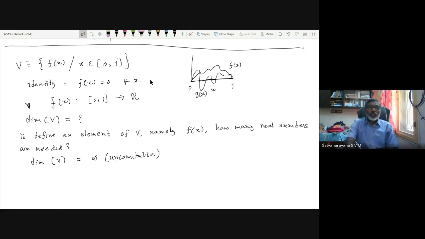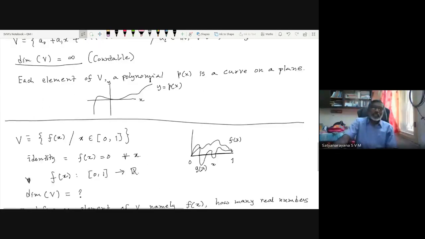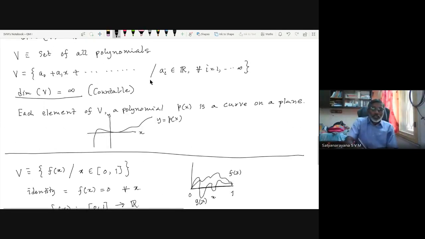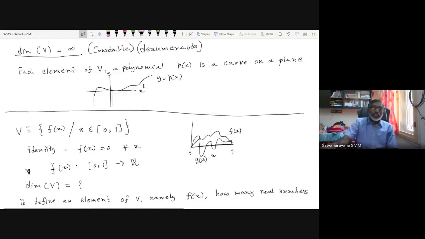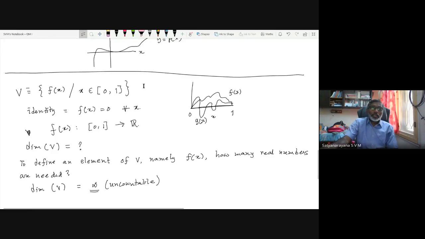Suppose I have x equal to 0.1 and 0.11, and between these two I require infinitely many real numbers. So this infinity is different from that infinity; this is a much bigger infinity. We call the first one countable, or sometimes denumerable, that means you can enumerate. This is a denumerable or countable infinity, and this is a non-denumerable or uncountable infinity.